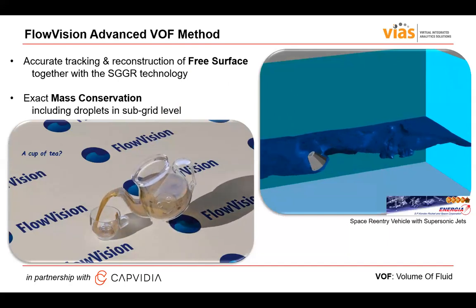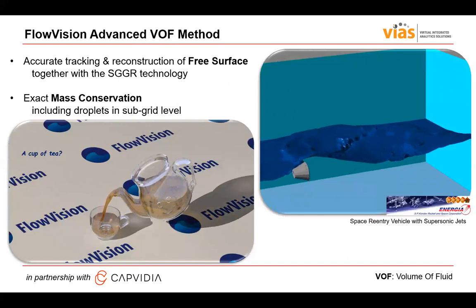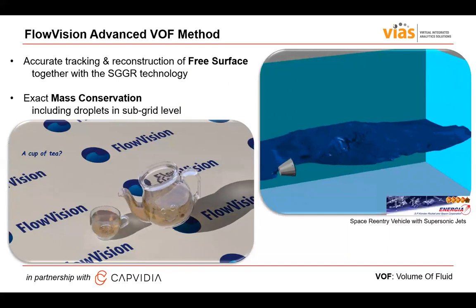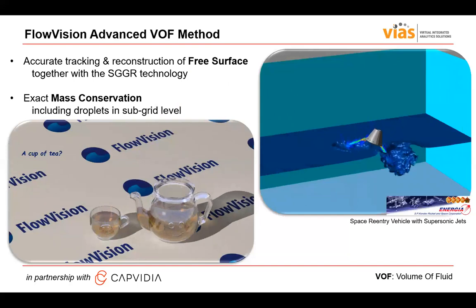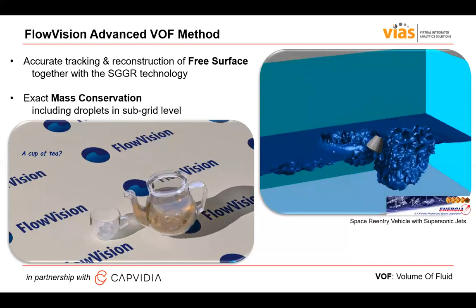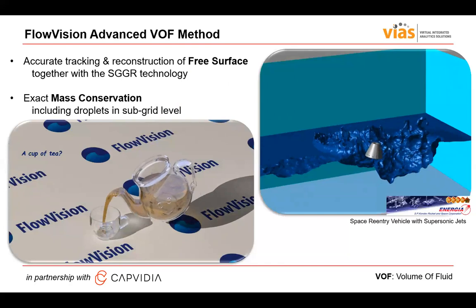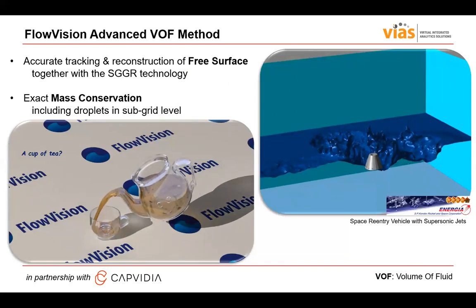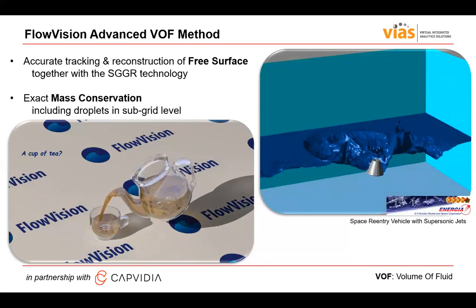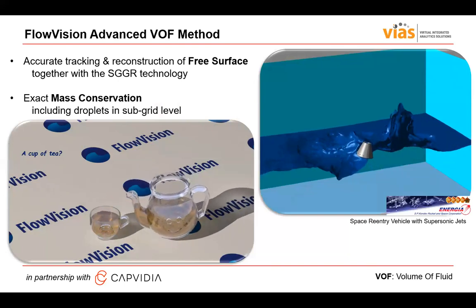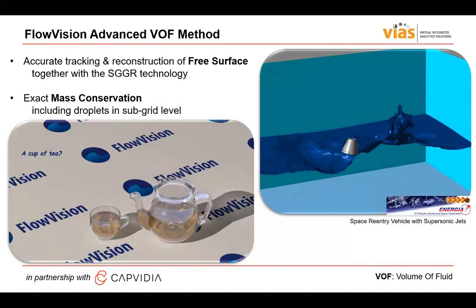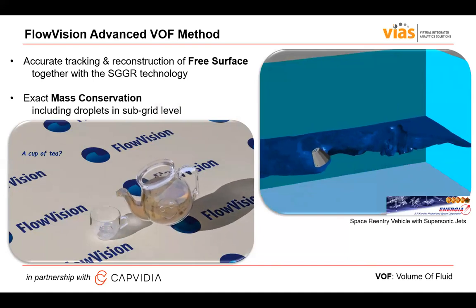Another important aspect is what we call exact mass conservation, because in typical VOF applications, once you have small droplets in your flow field, after some level of size, they just start to disappear. They behave as numerical errors. But here, even if your droplets are at subgrid level in terms of size, their masses are still conserved.